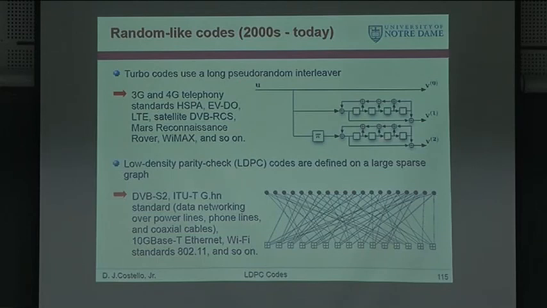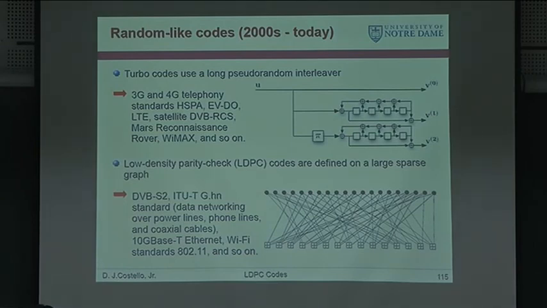Turbo codes: this is your standard turbo code with a long pseudo-random interleaver, okay? Two short constraint length convolutional codes, usually the same encoder, decoded using iterative BCJR decoding.